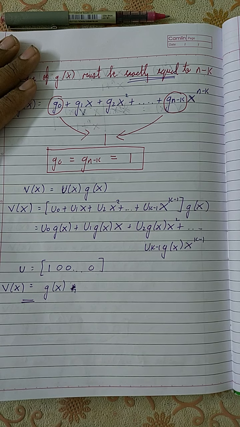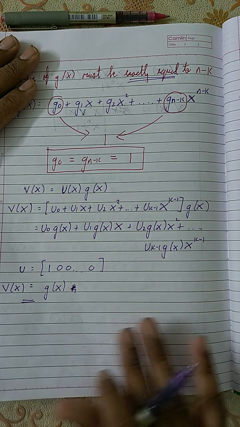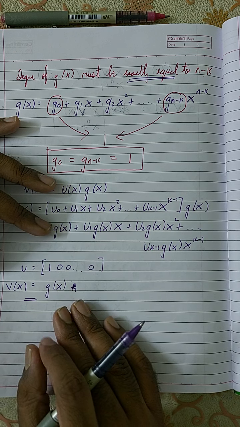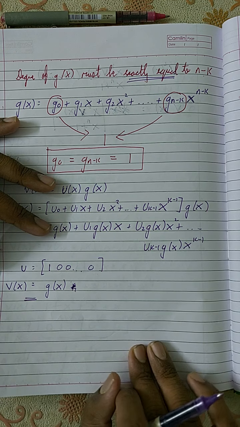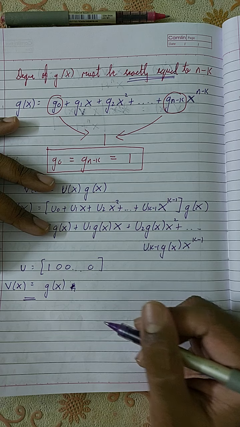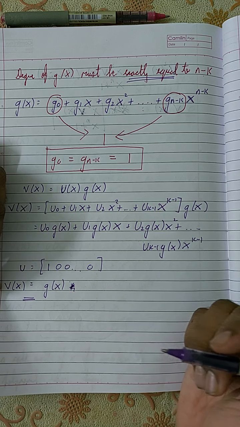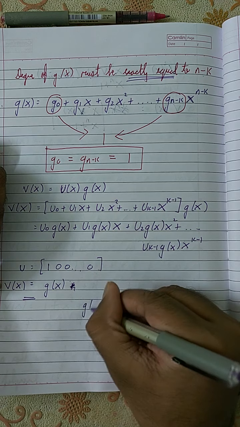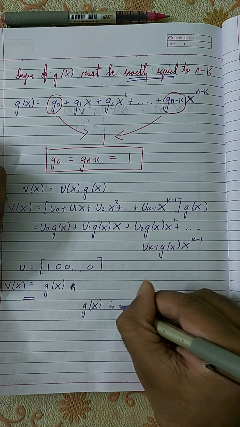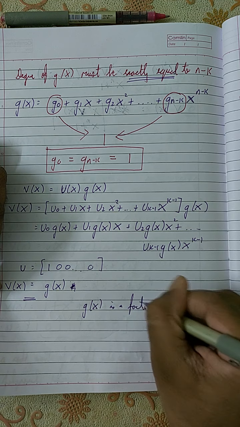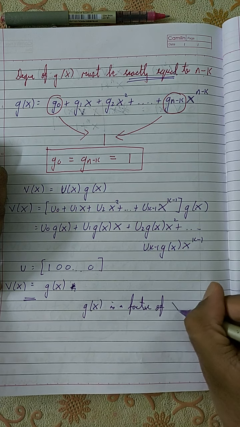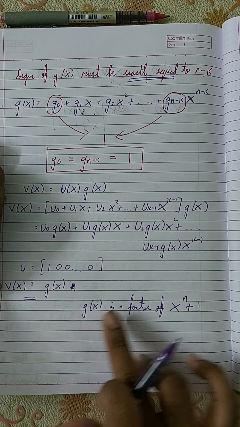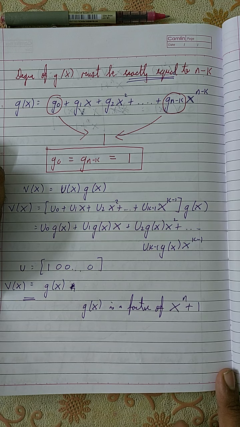That is another interesting property of g of x. That is, g of x is also one of the code polynomials. So just like how I said that v of x is a factor of x raised to n plus 1, I can say that g of x is also a factor of x raised to n plus 1.